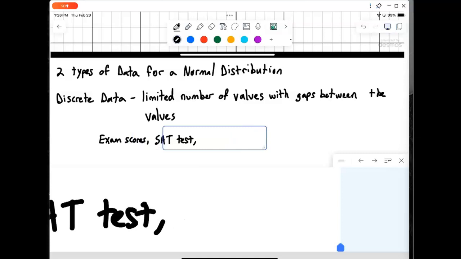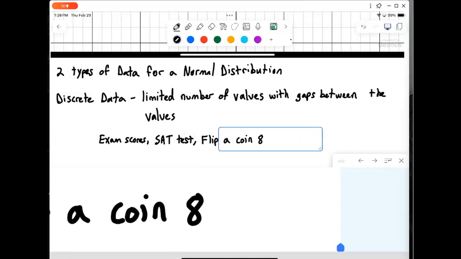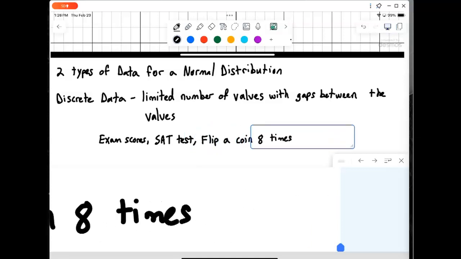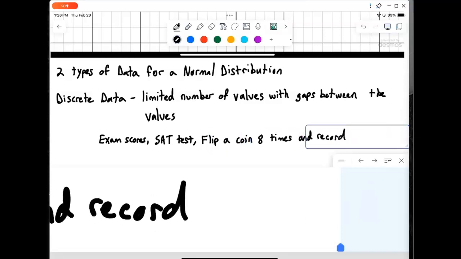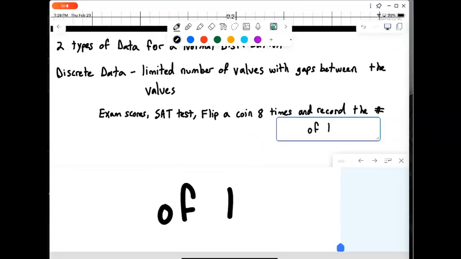Another situation we could deal with is if we were to take a coin and flip a coin 8 times, and record the number of heads. How many heads did we get on that coin flip? And just keep doing that over and over.